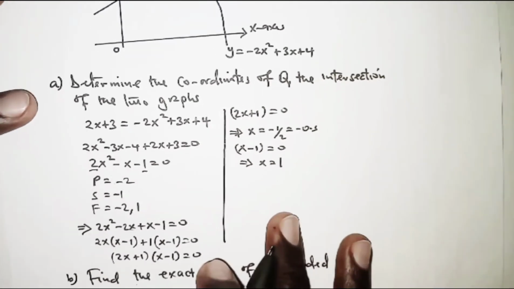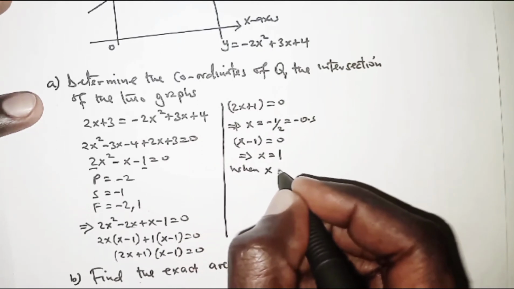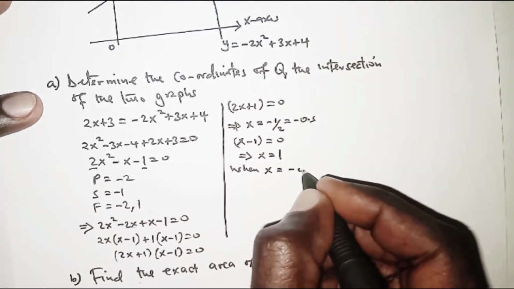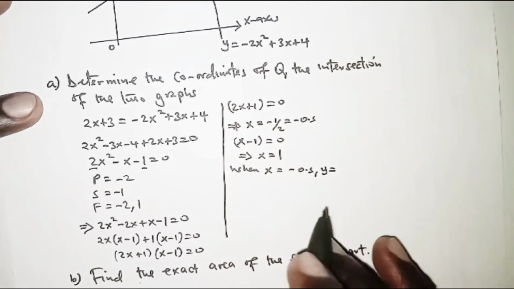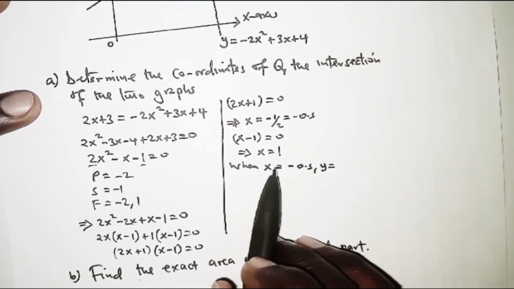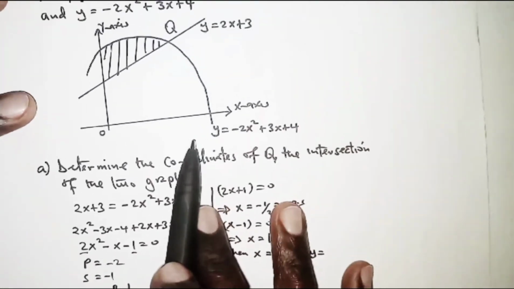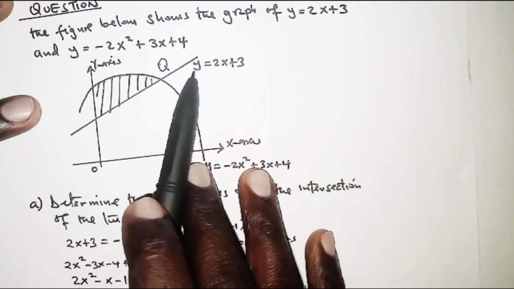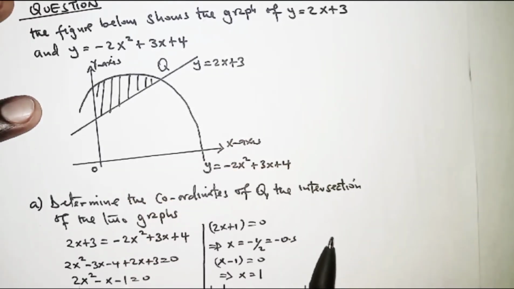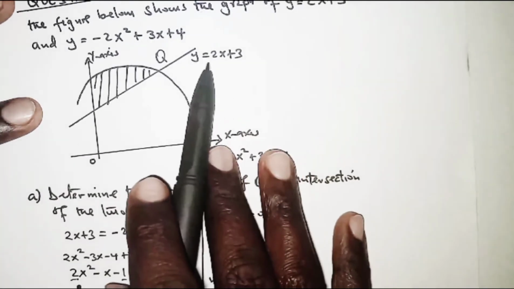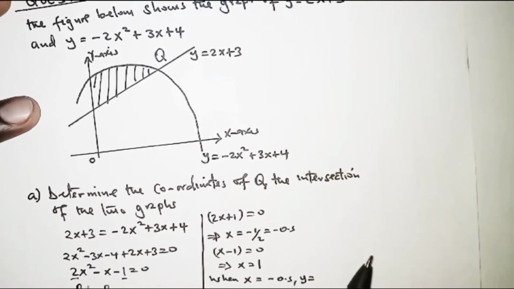So when x is negative 0.5, y will become, so we substitute the value of x in any of these equations. We can either use the equation of the straight line or the equation of the curve, so we'll go by that which makes work easier for us. Let's use y equals 2x plus 3.